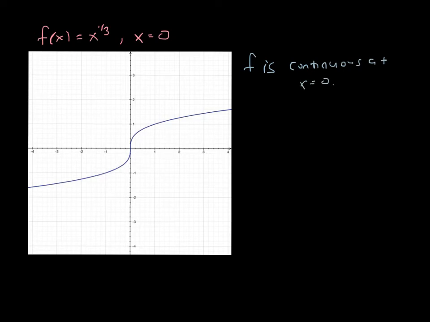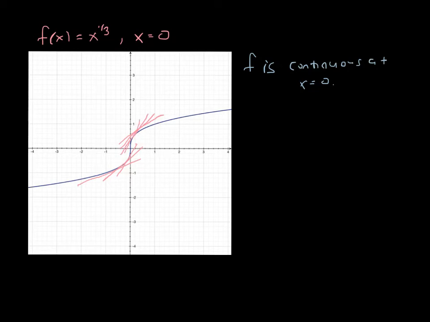But what happens is, as we draw tangent lines from the left, notice that they're getting more and more vertical. That also happens from the right. If we draw tangent lines from the right, our tangent lines are getting more and more vertical.